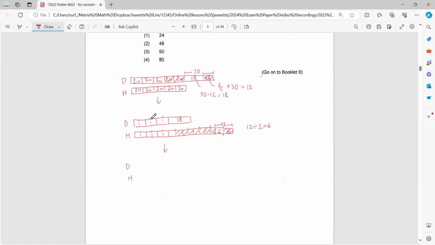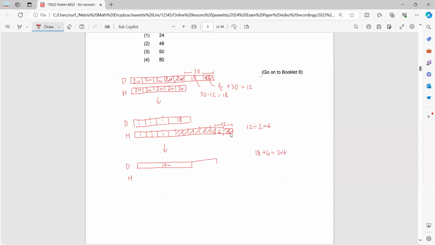So Dahlia is 6 units plus 7 units. So 13 units. 13 units plus 18 and 6, which is 24.